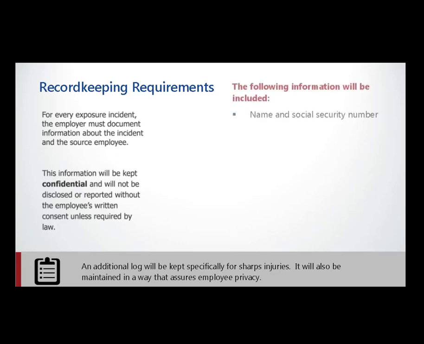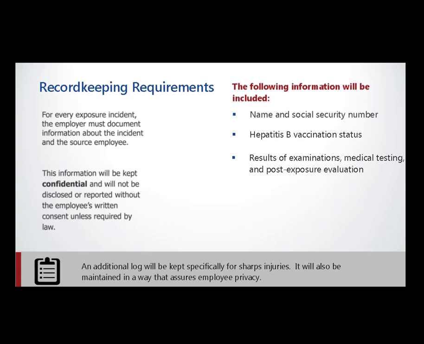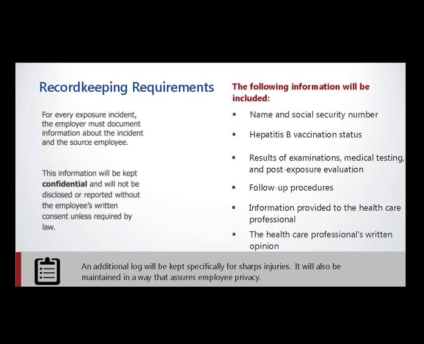The following information will be recorded: the name and social security number of the employee, hepatitis B vaccination status, including the dates of vaccination, the results of examinations, medical testing, and post-exposure evaluation, follow-up procedures, information provided to the healthcare professional, and the healthcare professional's written opinion.